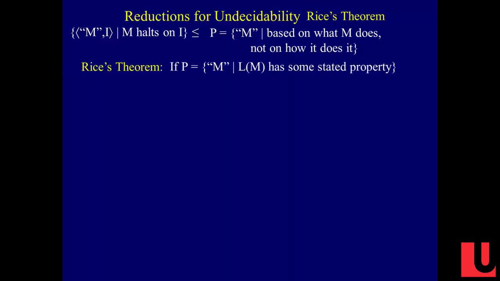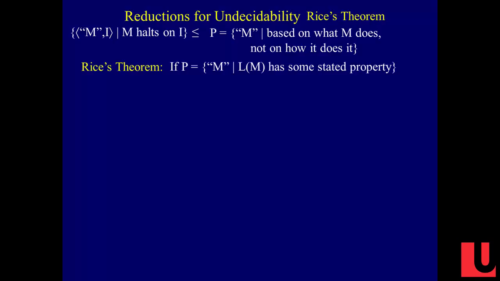So there's something called Rice's theorem that you should all know, and it states: suppose there's a computational problem that takes as input a Turing machine, and you look at the language of the Turing machine, and you want that language to have some property. It's a property of the set of inputs that the Turing machine accepts.